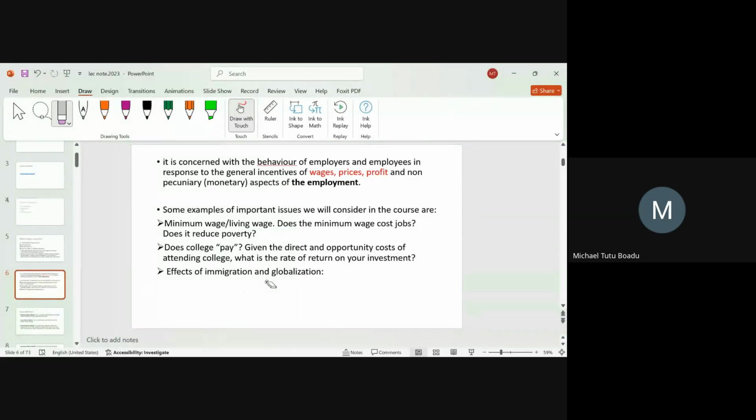Their presence in the country, to them, is affecting their jobs. That is why you see people in the UK, in Canada, protesting. South Africans are protesting. The foreigners are taking over their jobs. So minimum wage can be impacted through immigration.